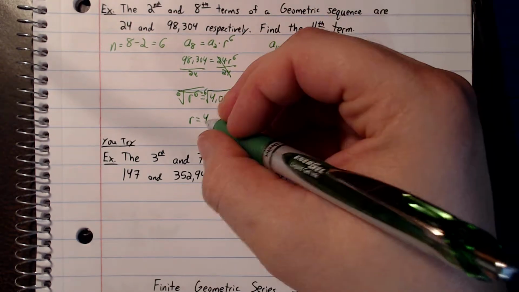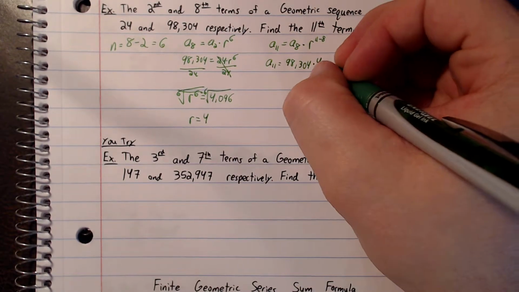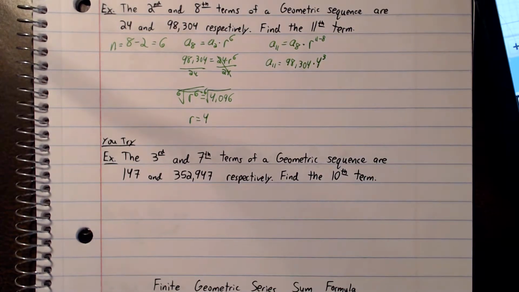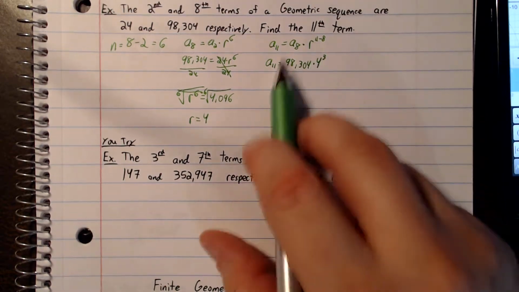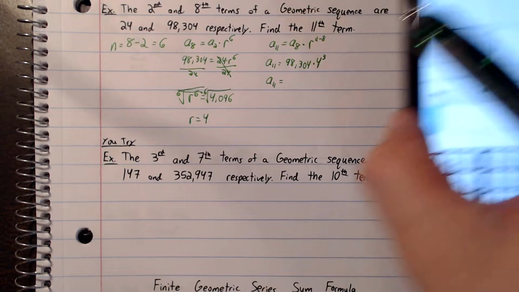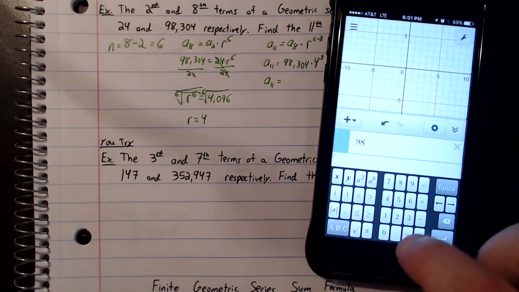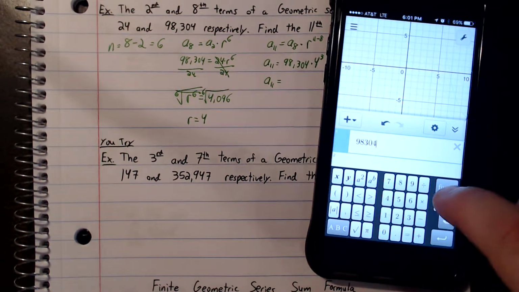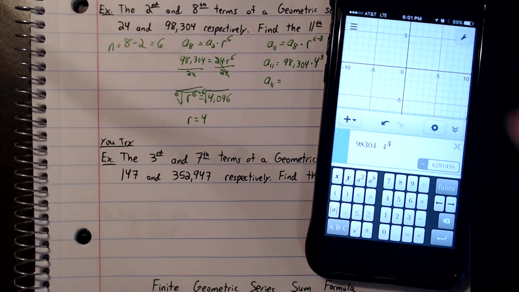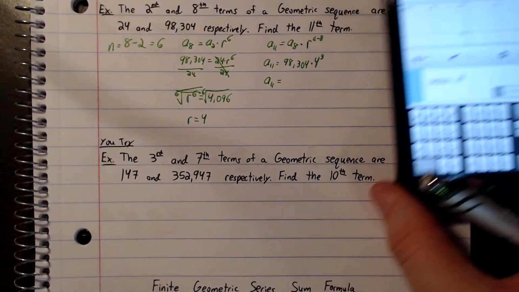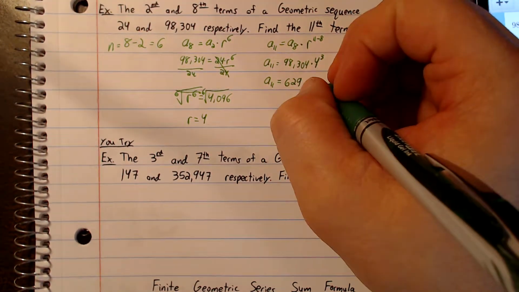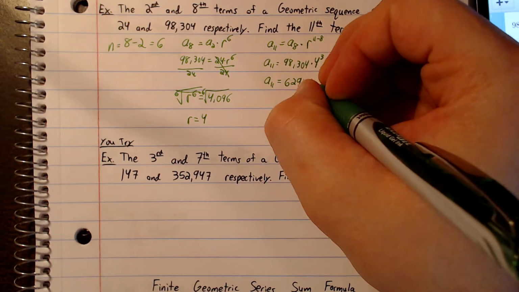We just found our ratio to be 4, and 11 minus 8 is 3rd power. So this is a shortcut at this point that we can type right in. 98304 times 4 to the 3rd power, and it's coming up with 6291456.